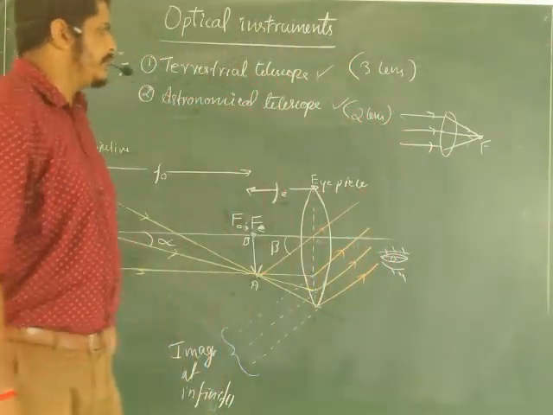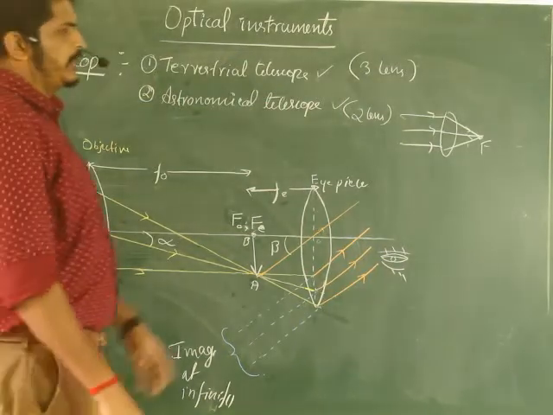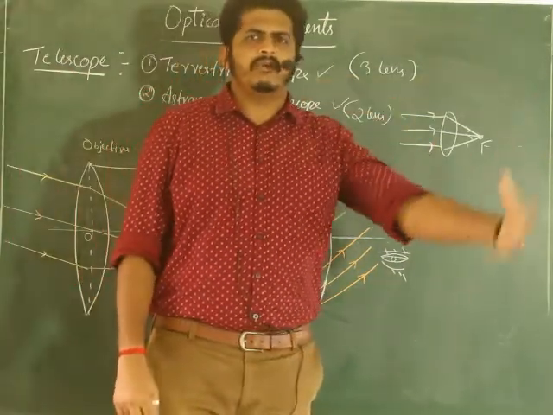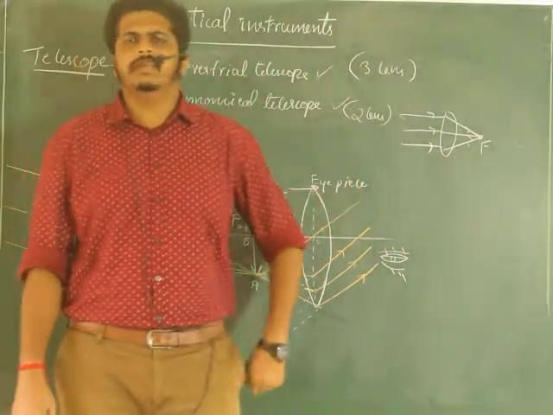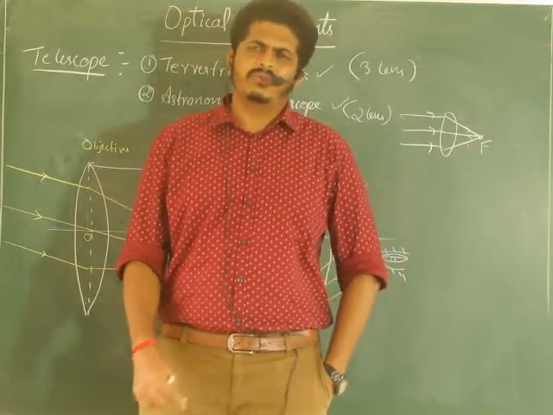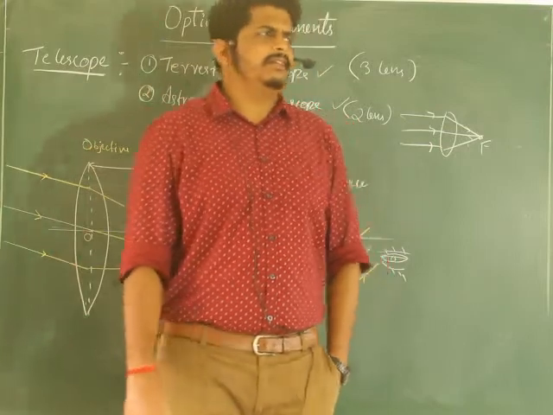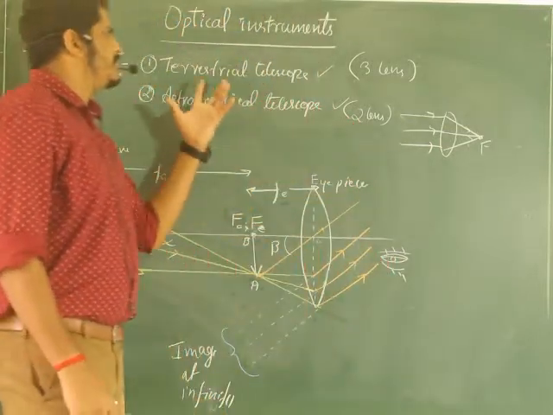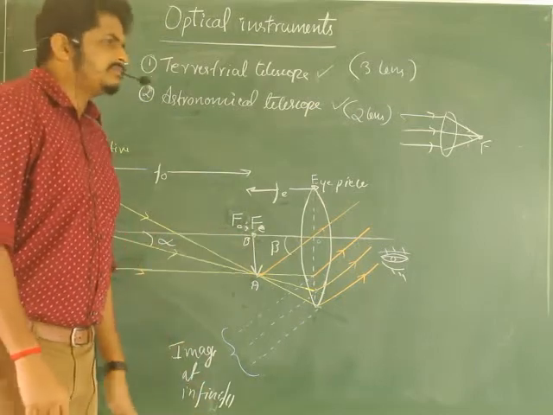So this is all about the astronomical telescope. Telescope means an optical instrument which is used to view faraway objects. Two types are there: one is astronomical, one more is terrestrial. Terrestrial means it's used for geographical locations. Some say one more word, geographical telescope, but the scientific name initially kept is terrestrial telescope, so we better follow that.